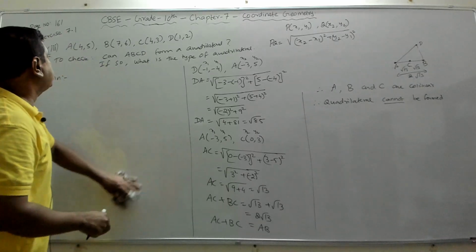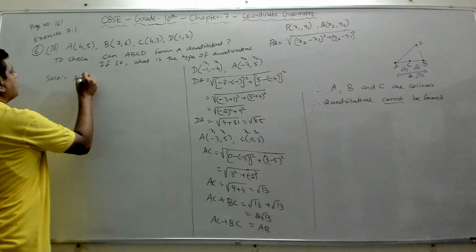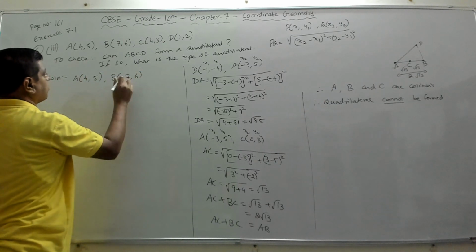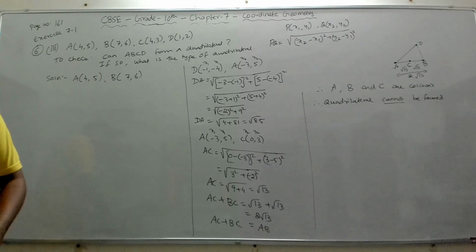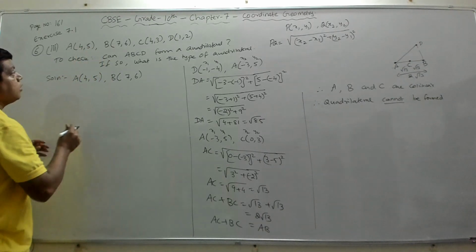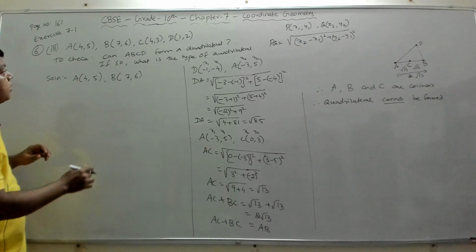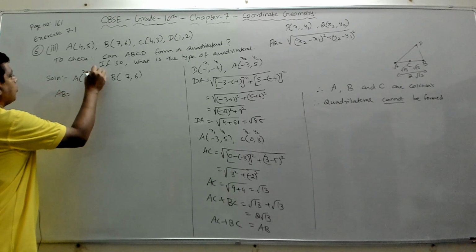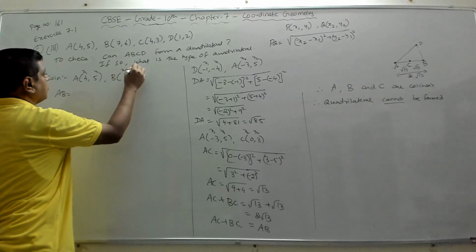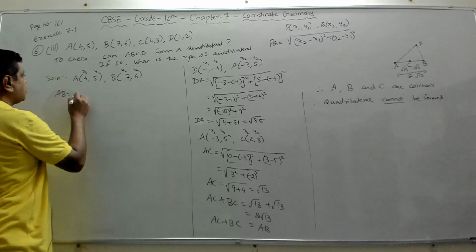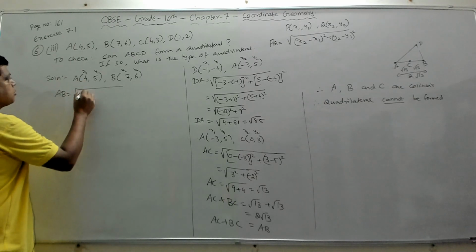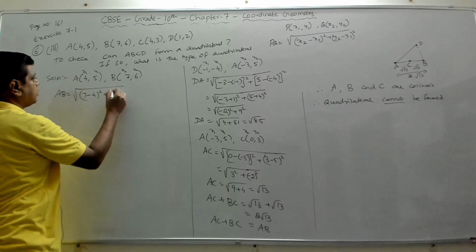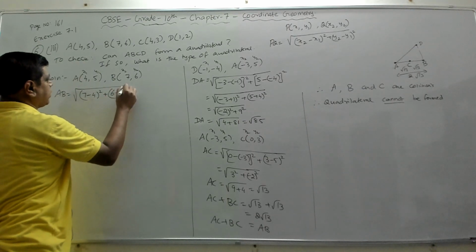So let's find AB. A point is 4 comma 5. B point is 7 comma 6. Now AB is equal to, this is x1, y1, x2, y2, square root of (x2 minus x1) the whole square plus (y2 minus y1) the whole square. So 7 minus 4 the whole square plus 6 minus 5 the whole square.